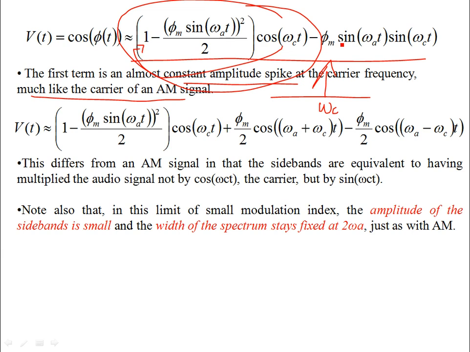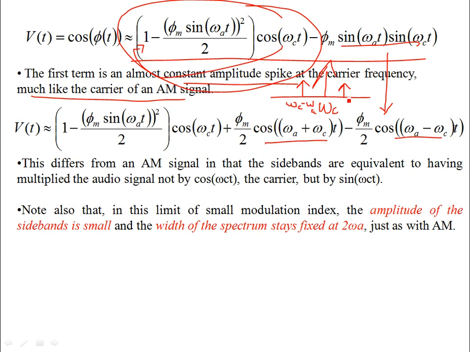For the second term, this is sine a sine b, and this can be expanded in terms of cosines. So you will have the sidebands at omega c minus omega a and omega c plus omega a. You will have weak strengths compared to the spike of the carrier, for the lower and upper sidebands.